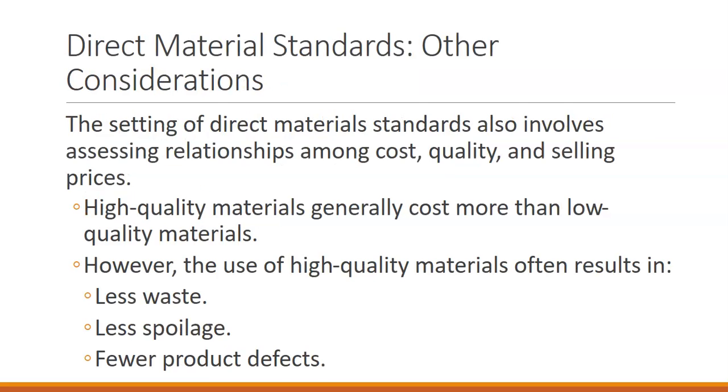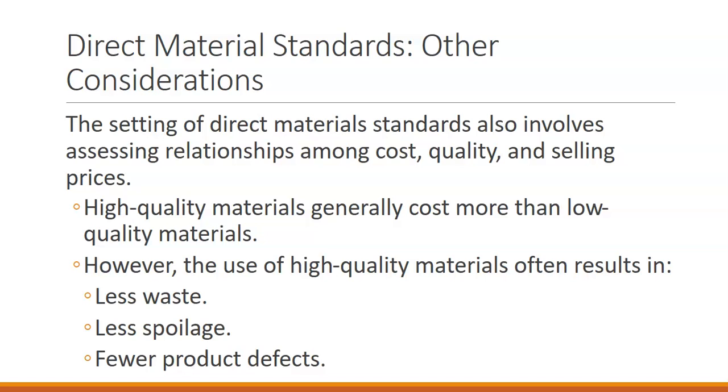Other things that we have to consider when we're looking at direct material standards are this relationship. So remember, everything we're looking at in costing, we're looking at a relationship and what drives those costs. So for example, high quality materials generally cost more than lower quality materials.